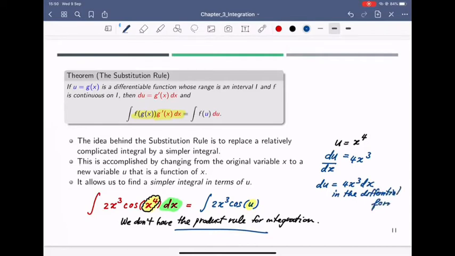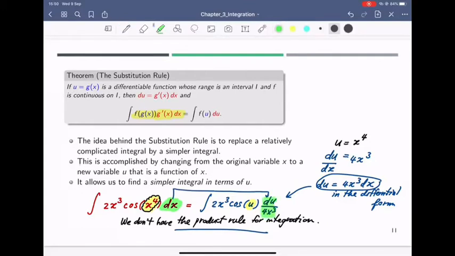So that means if I have dx and I want to switch to du, you can view it as du over 4x cubed. Does it make sense? Because you can view dx as du over 4x cubed.